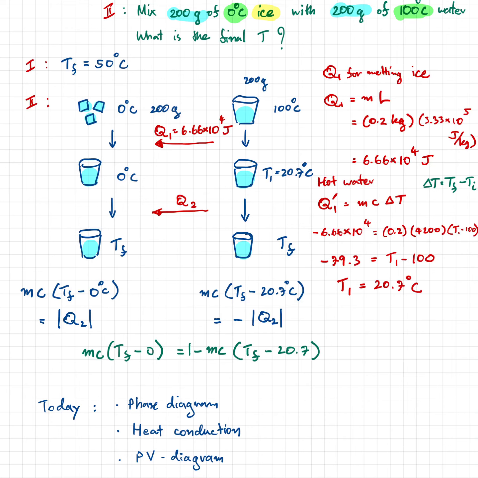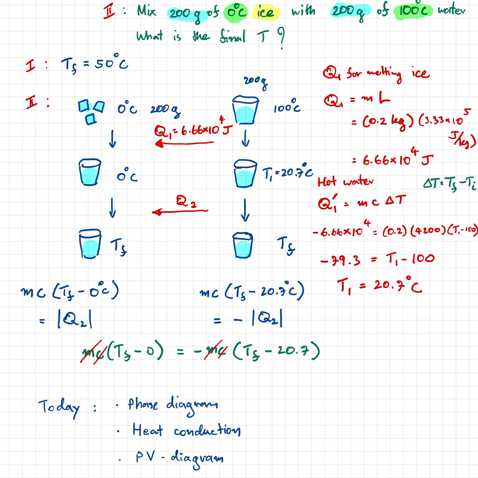Okay, so the minus sign here comes from the fact that this is minus the absolute value of Q2, which is the left hand side. So the minus sign here is very, very important. Otherwise, you're gonna have the wrong answer. And they have the same mass, so mass cancels out. Same water, so C cancels out because the specific heat for water on both sides gives you the same number, so you can just cancel it out.